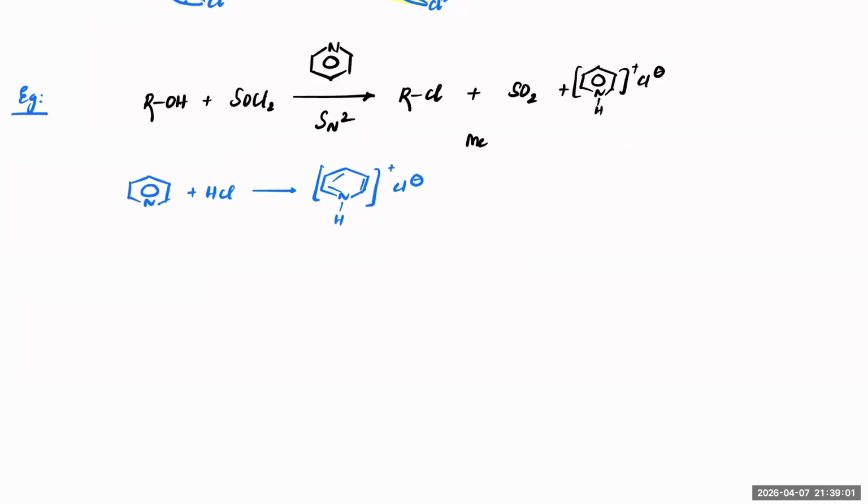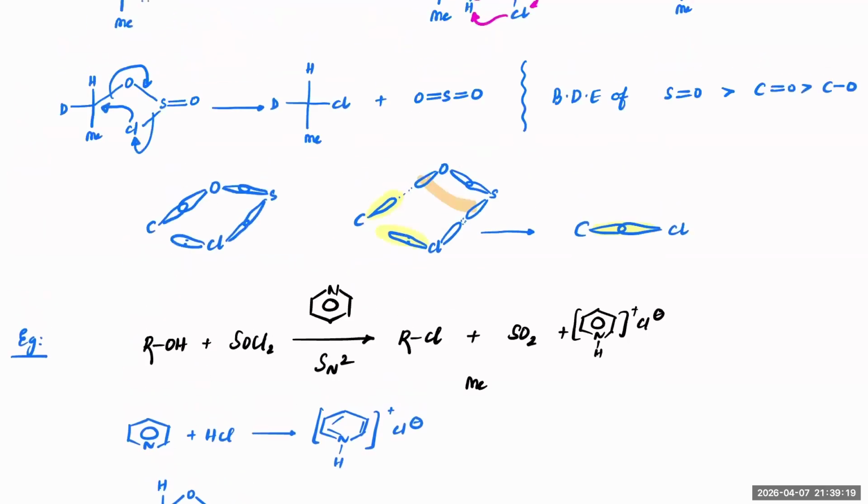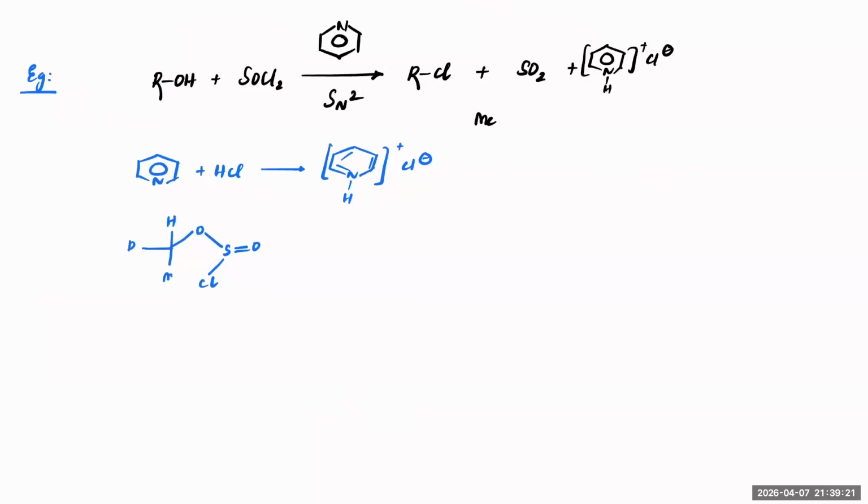And when it becomes pyridinium chloride, the chloride is freely available. So that's why, when you had this compound with oxygen, sulfur, chlorine, this intermediate was forming, where we have H, D, and methyl here. Because chloride is freely available, this chloride will make the back attack to push this group, and then Cl minus will go.